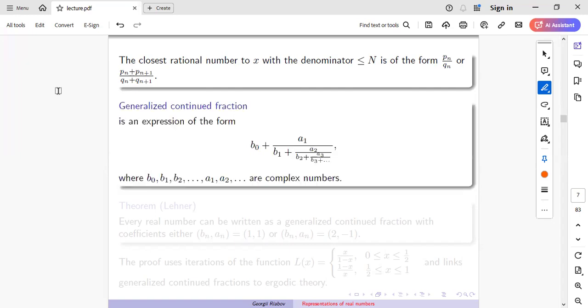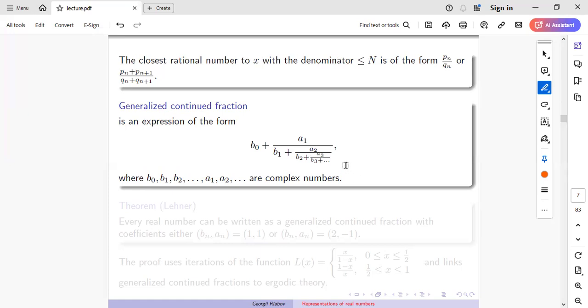The theory of continued fractions was developed further, and in the 20th century, the notion of a generalized continued fraction appeared.